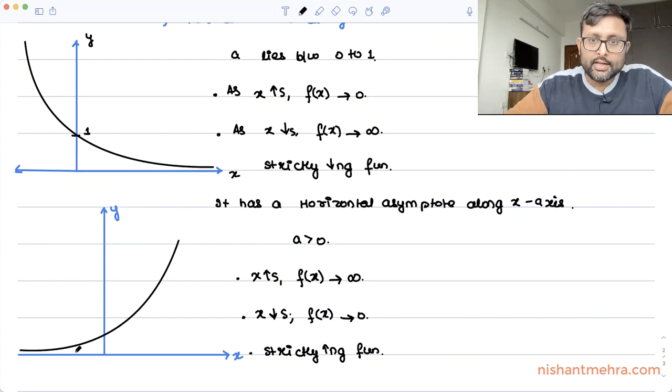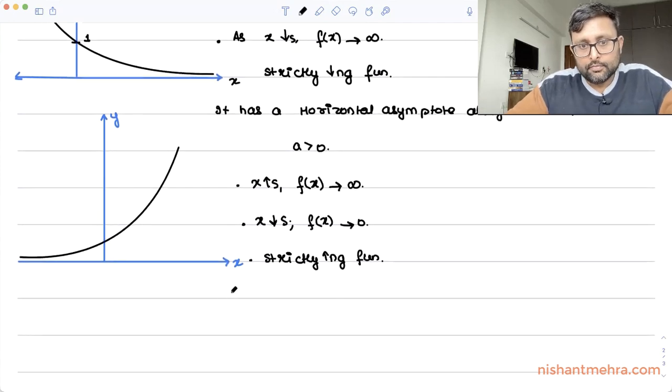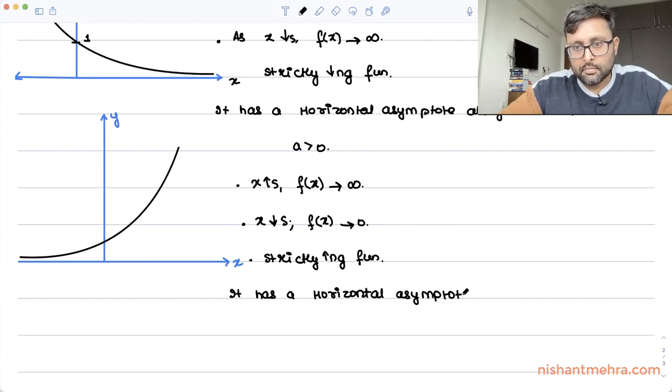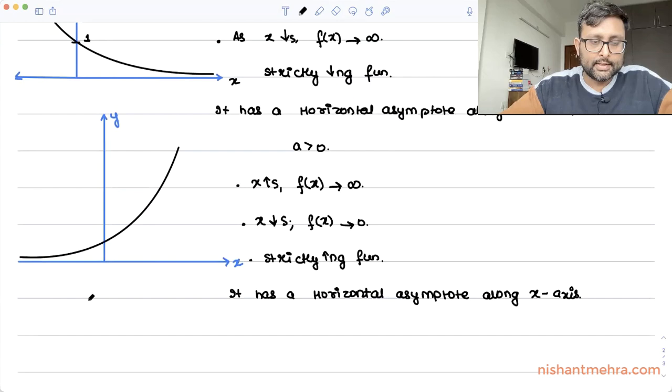This also has a horizontal asymptote along the x-axis.